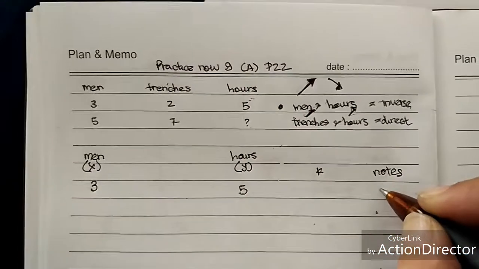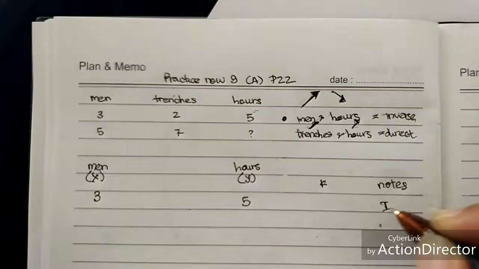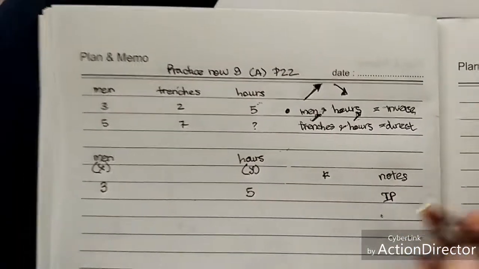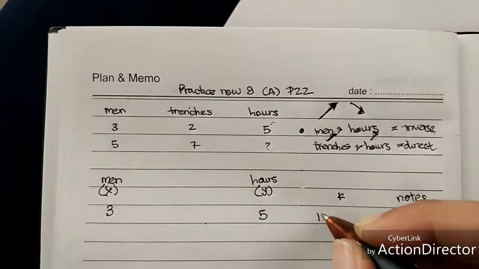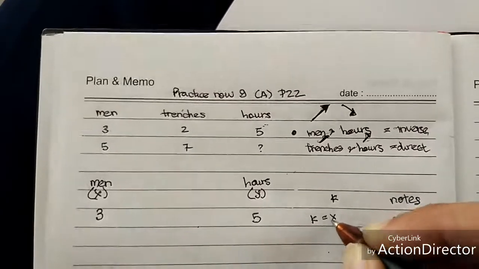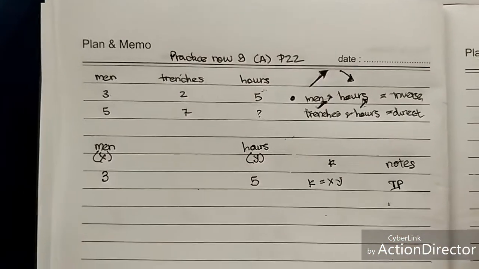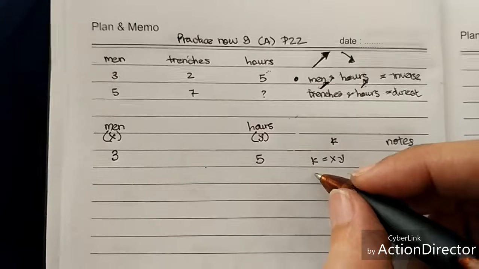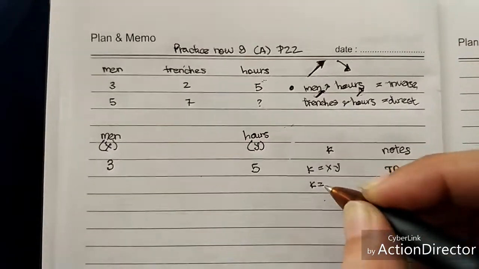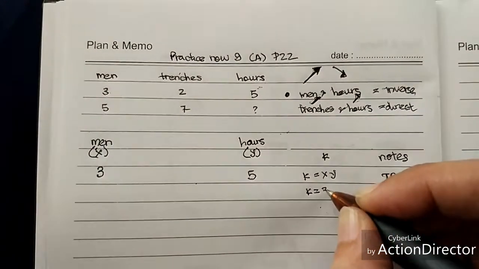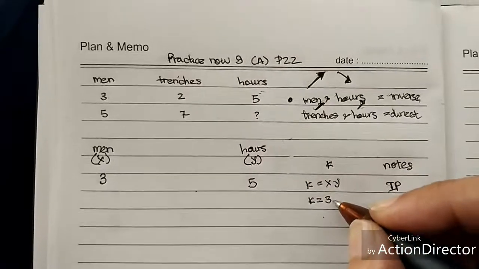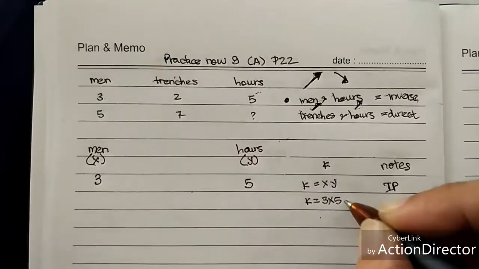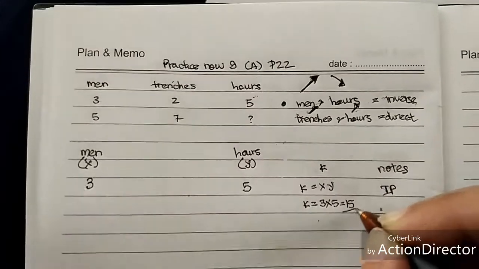Remember, this one is IP, which is inverse proportional. How to find the k? Well, k is equal to x times y. Then we can find the k, because the x we know already, that one is 3, and the y is 5. So that is equal to 15.